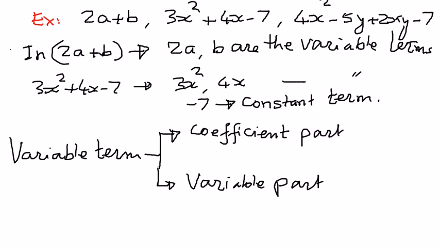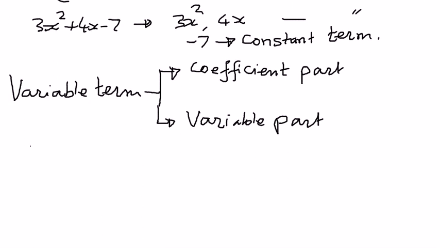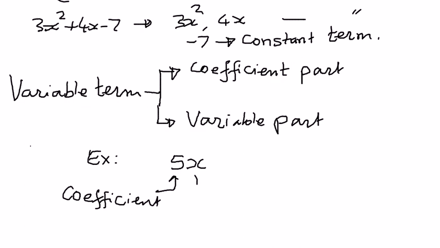For example, if I were to explain this with an example, let's say I have a term 5x. 5 here is the coefficient term, since that is the numbered part of it. 5 is called the coefficient term, and x is called the variable.